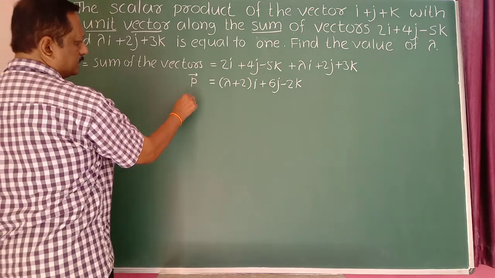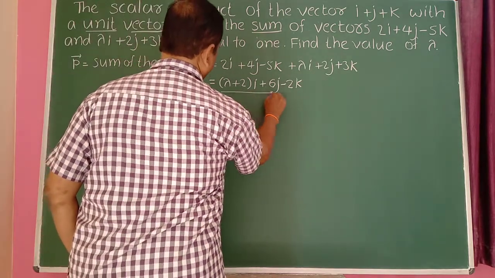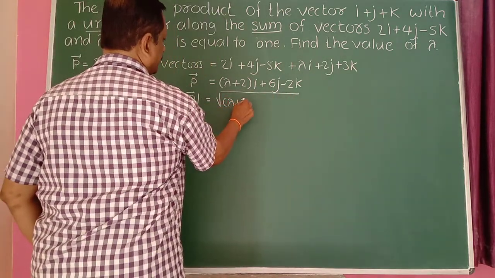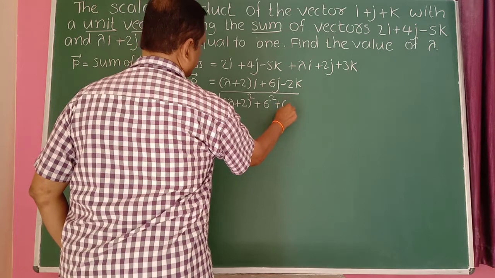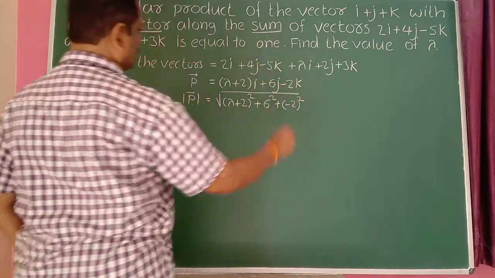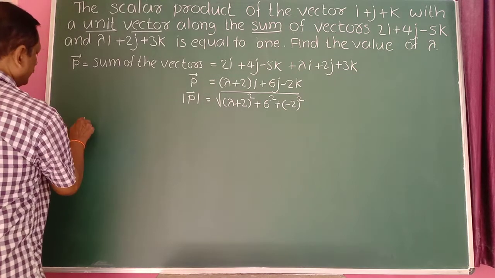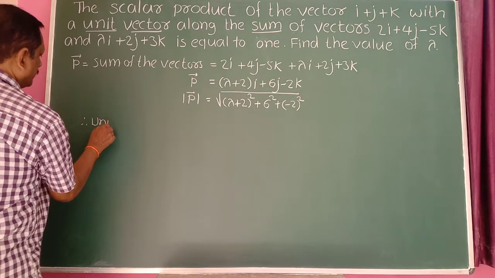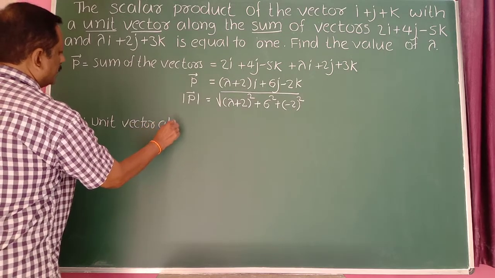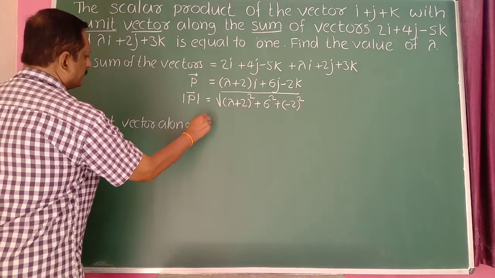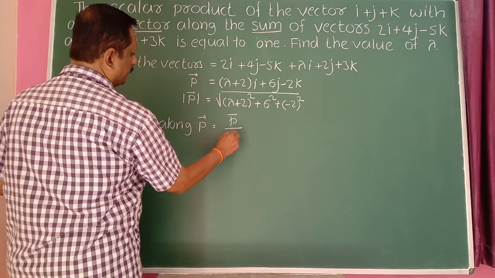Then its modulus: modulus of p bar is equal to root of lambda plus 2 squared plus 6 squared plus minus 2 squared. Therefore, the unit vector along the vector p bar is equal to p bar divided by modulus of p bar.